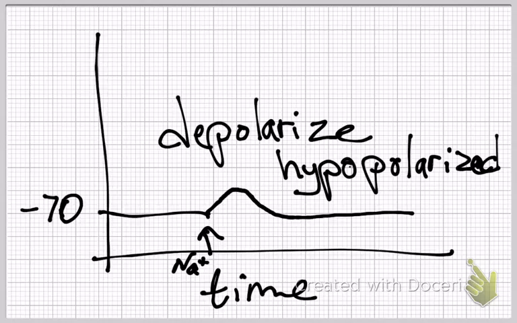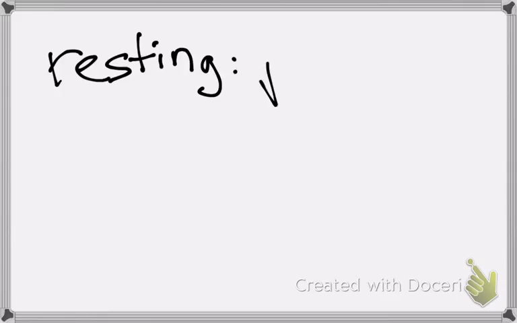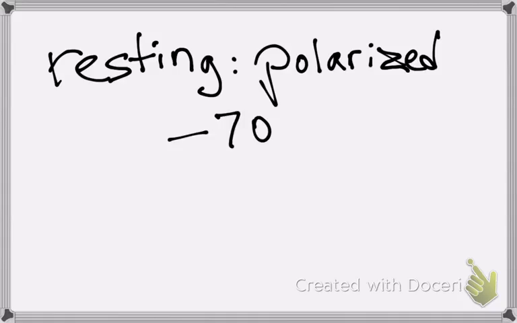Okay, does everybody see what the graphs indicate? The change in the electrical potential of the cell itself based on whether it has more positives inside the cell or outside the cell. That's really all it is. Okay, so we need a little bit more background on the terminology. The resting cell is polarized at -70 millivolts.